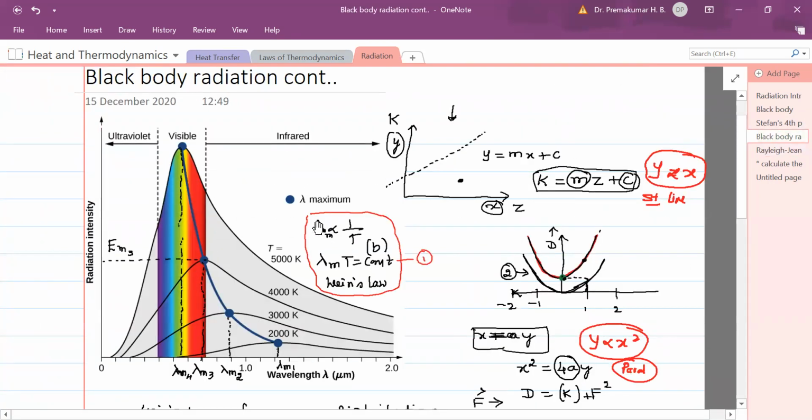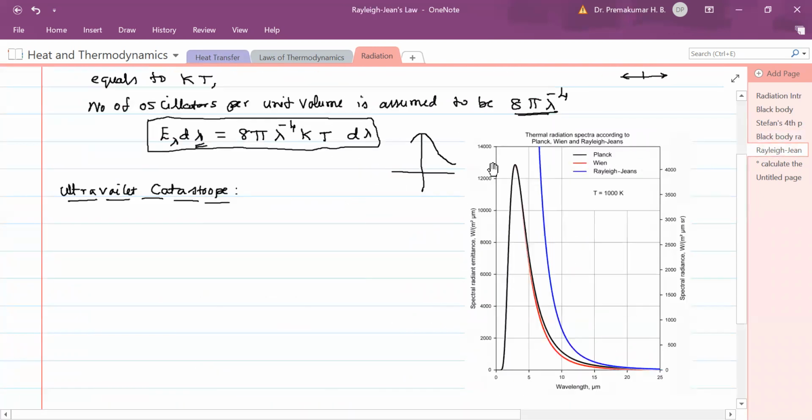Visible region. And even if you go to infrared, energy decreases. In the black body, the energy concentration is more in visible. But according to them, energy concentration is very high in the ultraviolet region. That is nothing but their theory is not at all matching.